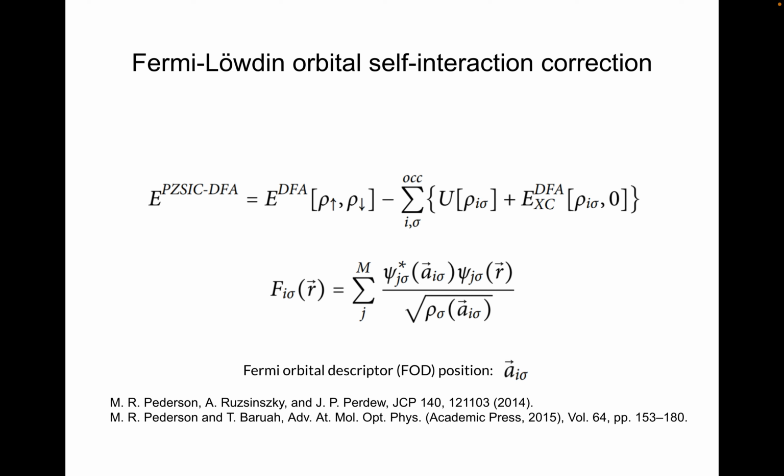So you perform the Löwdin orthogonalization scheme to form the Fermi-Löwdin orbitals. And the resulting orbitals will be used with this PZSIC equation. Now, the Fermi-Löwdin orbital is always a local orbital, so the size extensivity and the invariance of the total energy is guaranteed.